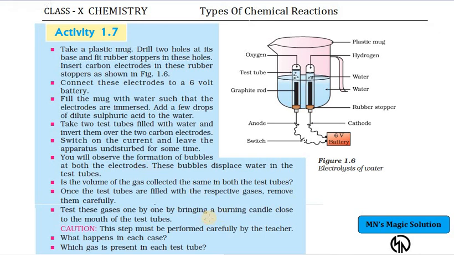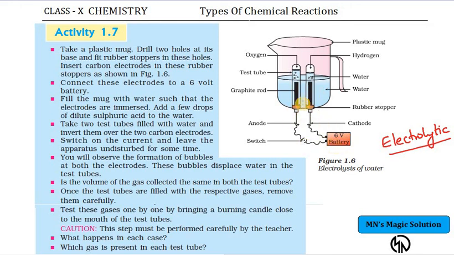The next type of decomposition reaction is with the passage of electric current. Here, instead of heating, we apply electricity as the energy, and this type is called electrolytic decomposition reaction. In the experiment, I take water and 2 electrodes, connected to a battery source.